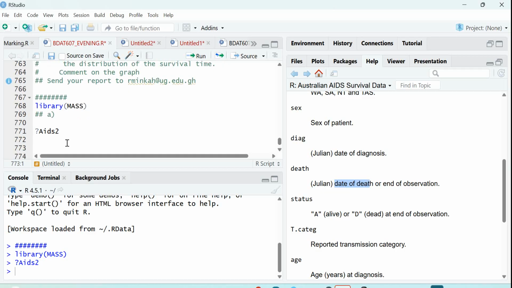So you can now say, if you want survivor, I doubt it will work, but I'm trying.